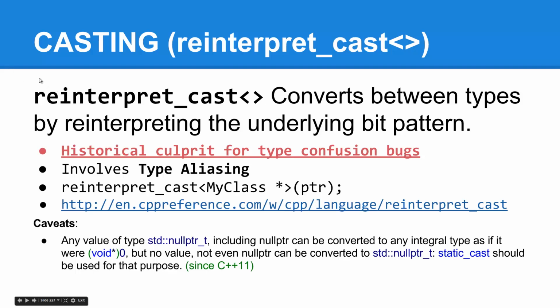Now, reinterpret cast, this one's good. This has been a historical culprit for many type confusion bugs. It tries to, at runtime, convert between types by reinterpreting the underlying bit pattern at the object level.